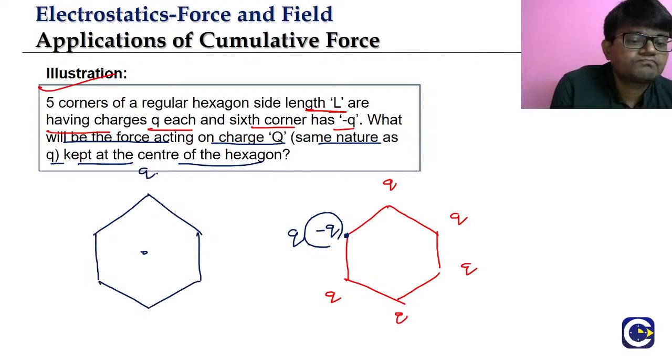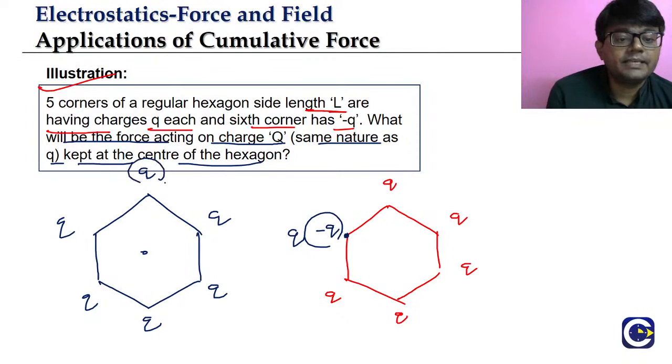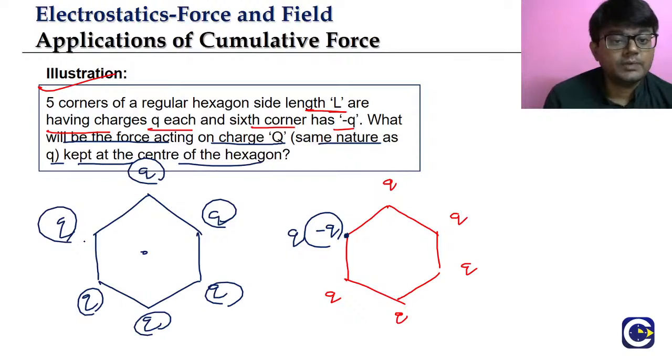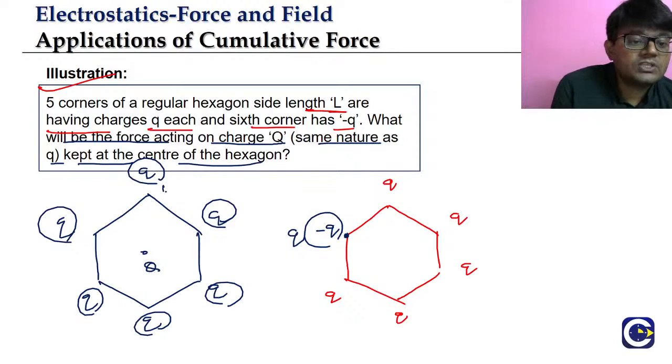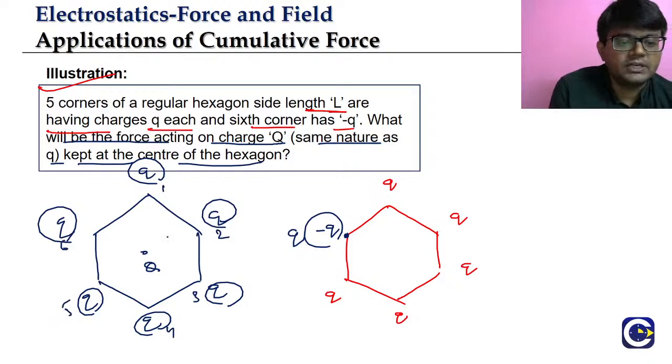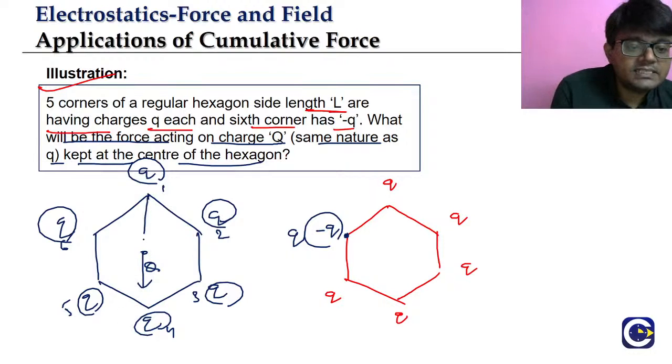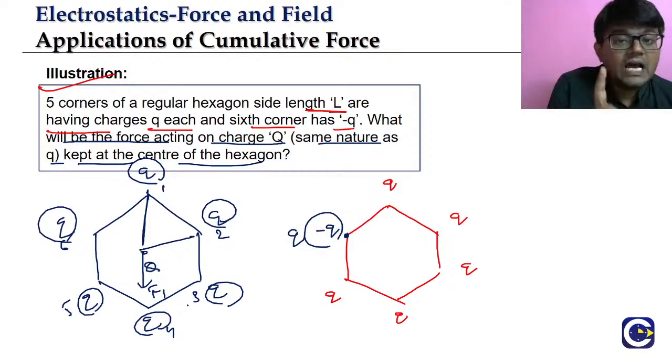Then all 6 corners are occupied by the same charge, and at the center we have a charge capital Q. Let's number them 1 2 3 4 5 6, and each of them will repel. Because the distance from every corner is the same, each of these forces will have the same magnitude.